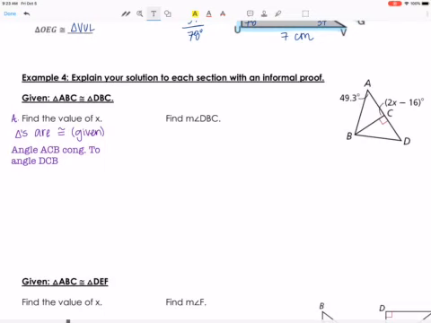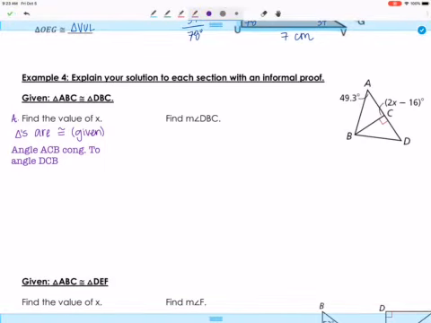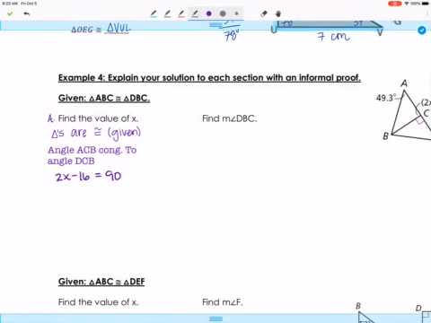If those two angles are actually the same size, then 2x minus 16 should be the same size as 90 degrees. Okay? So far, these are kind of like the three thoughts we've had. So if that's the case, add my 16, divide by 2. X would be represented by 53.